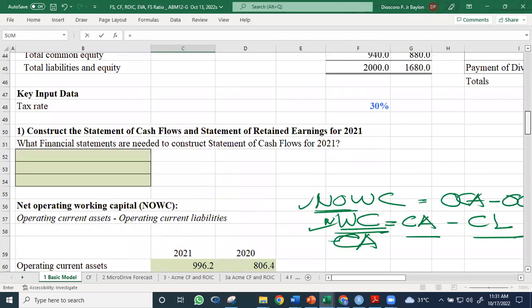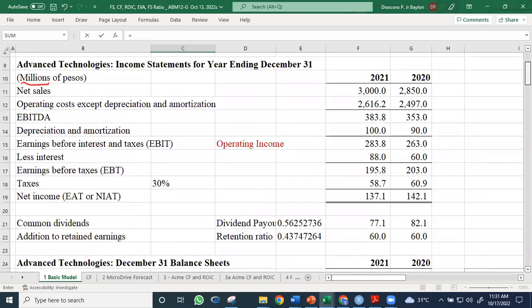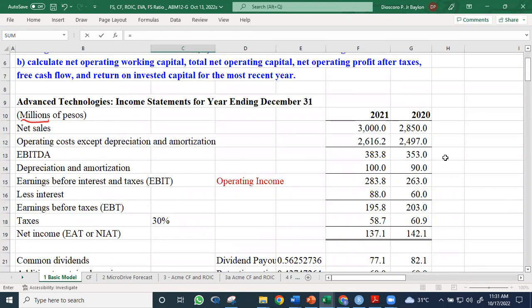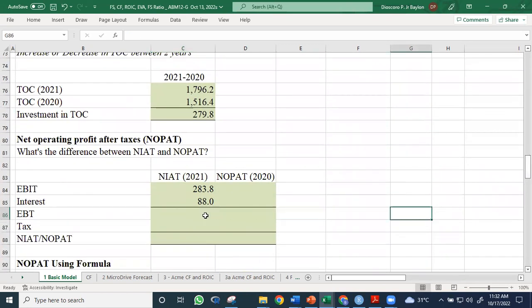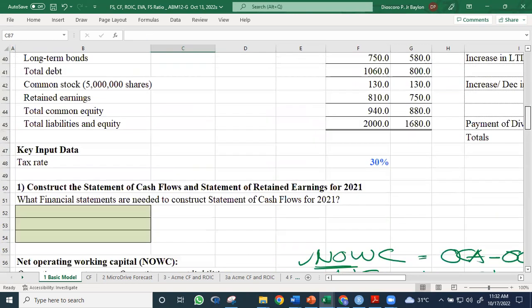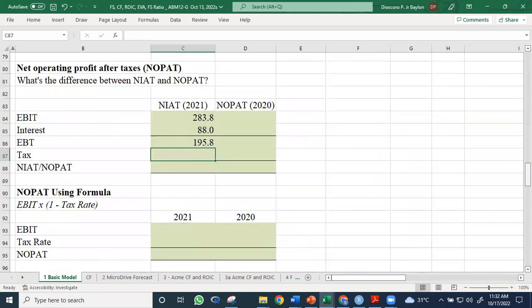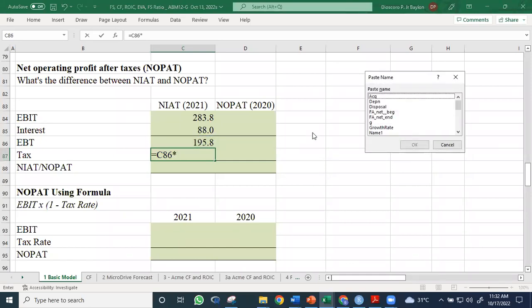The company incurred an interest expense of 88. Our earnings before tax is this one minus this one. Then how much was tax? Tax was 30%, so this times the tax rate.